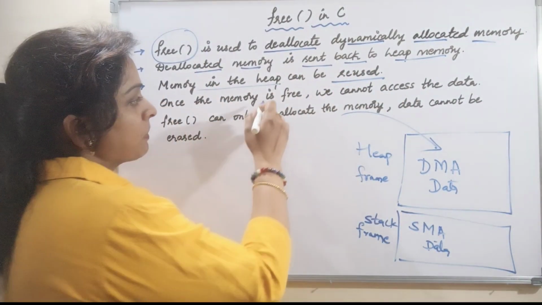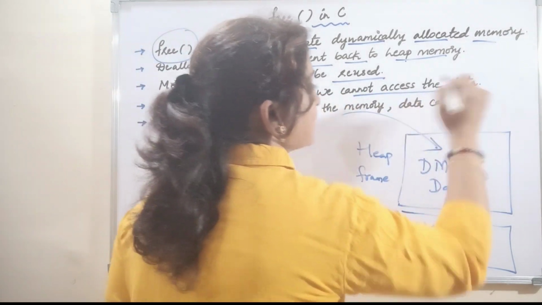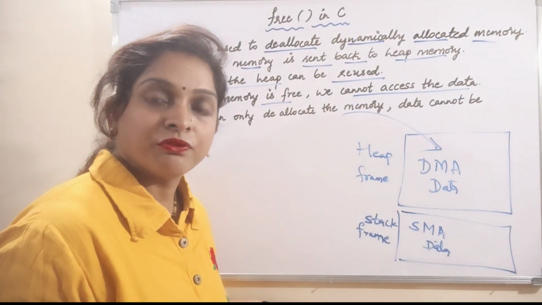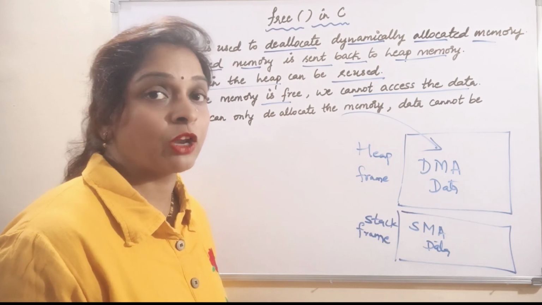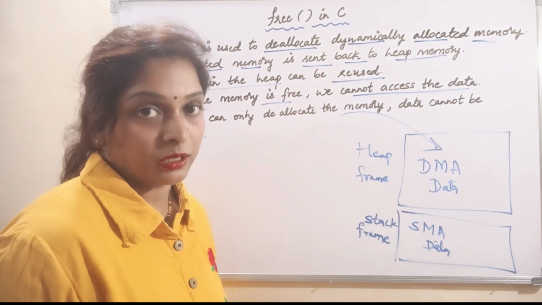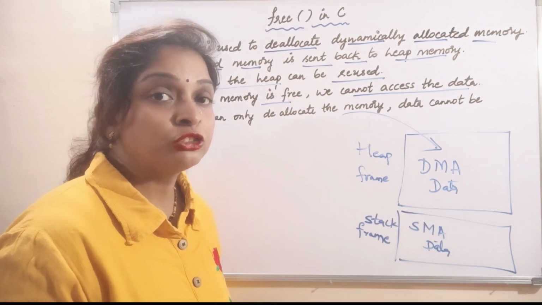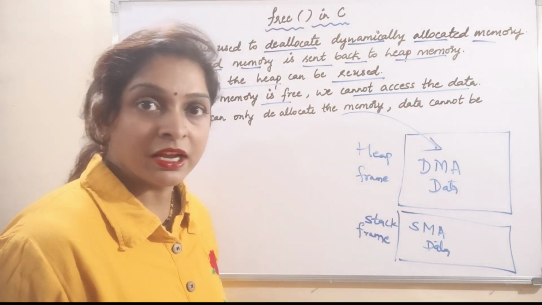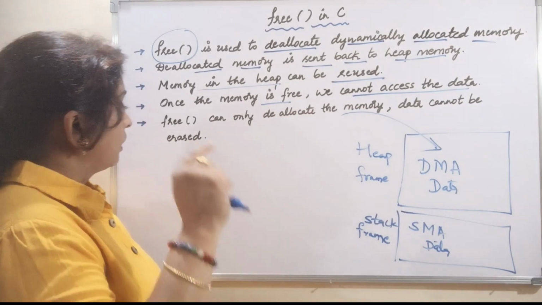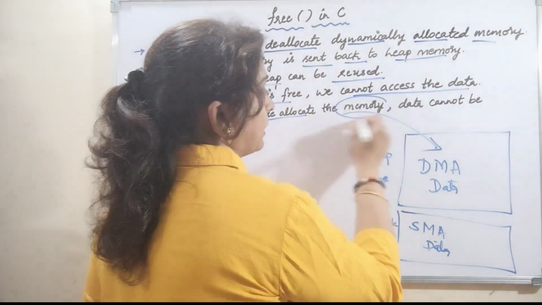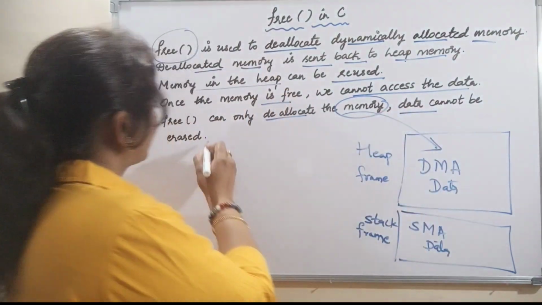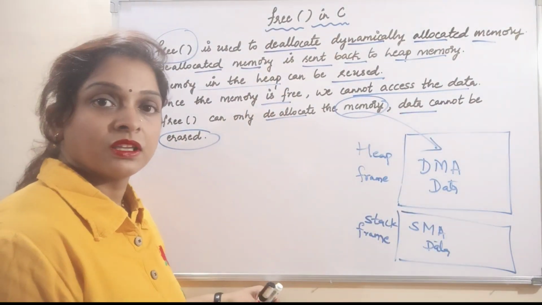And once the memory is freed, we cannot access the data. Once we use the free function and deallocate the memory, we cannot go and access the data. Dereferencing through the pointer should not be done. The free function can only deallocate the memory, but data cannot be erased.